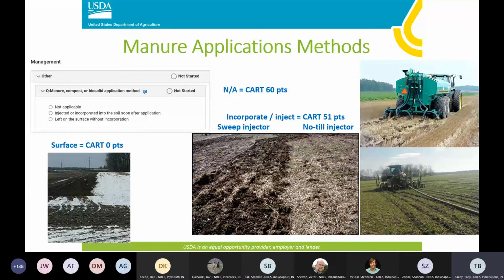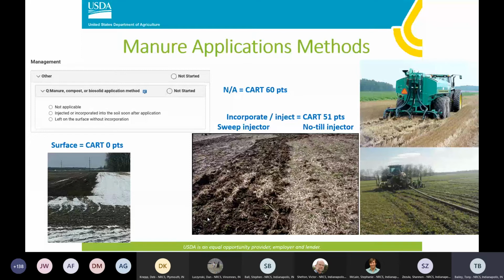So, if we've made an application on that frozen or snow covered ground and it sat there in December, if we had snow and it didn't get incorporated until February or March, then that would not meet my definition of soon. So just to keep that in mind. And then if that application has happened soon, then it would be the 51 points. And then if no manure, it'd be 60 points.